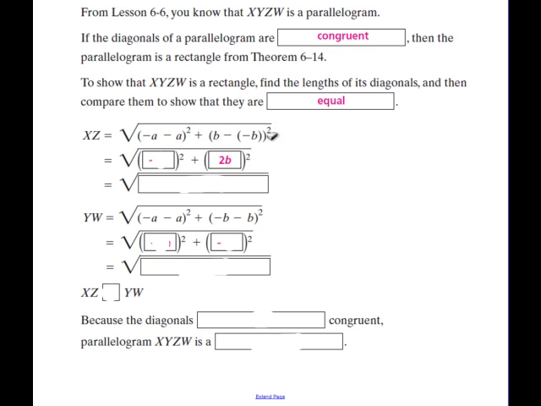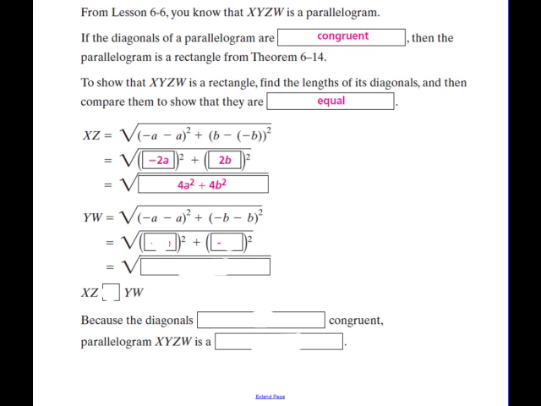Because b minus a negative would be plus b. We're going to get minus 2a. So when we square those, we get positive, right? The negative 2 gets squared to positive 4, and a gets squared to a squared. We have to square both of those, the negative 2 and the a. Same thing here. 2 squared is 4, b squared is b squared. So we get the square root of 4a squared plus 4b squared.